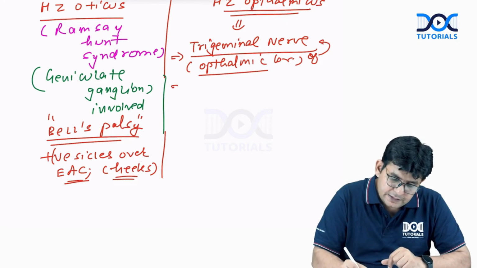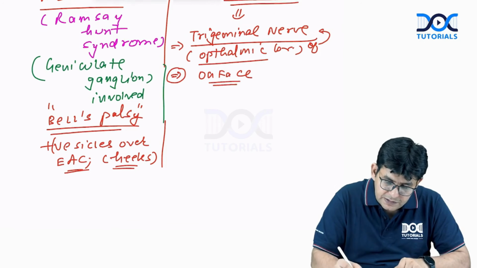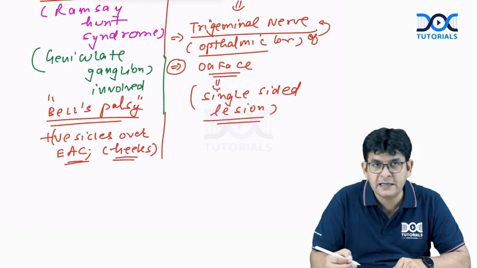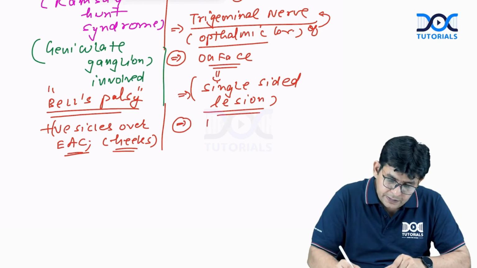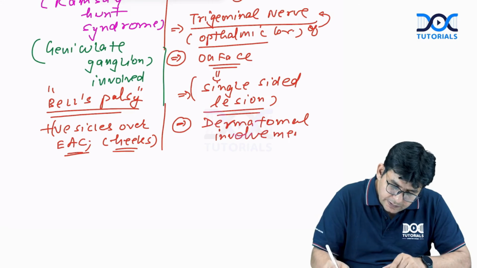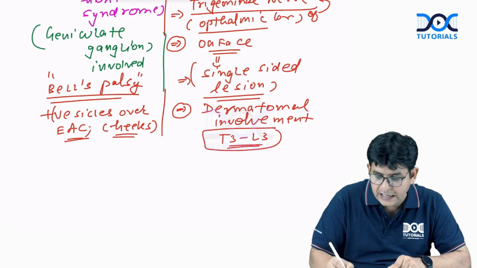In this, on the face, you characteristically observe a single-sided lesion. Obviously, in herpes zoster it is a single-sided lesion only. Why is it single-sided? Because there is a dermatomal involvement, from T3 to L3, meaning it is thoracolumbar.